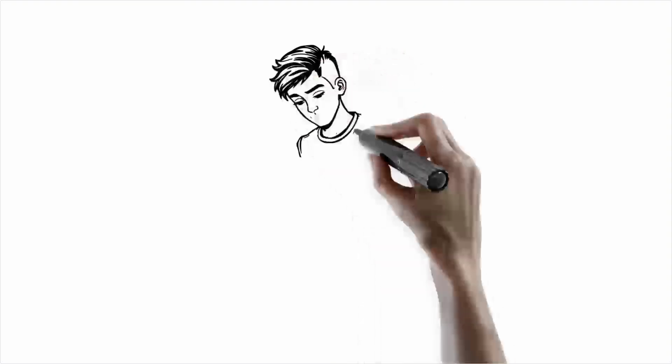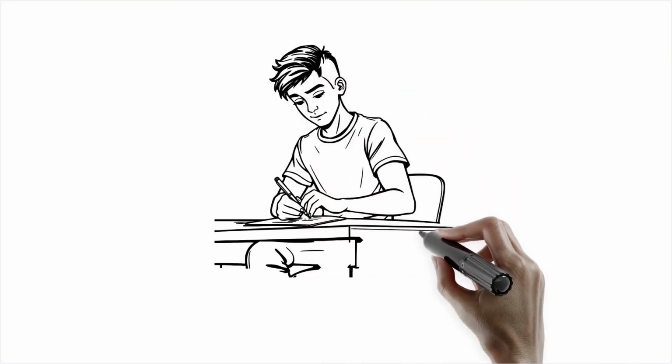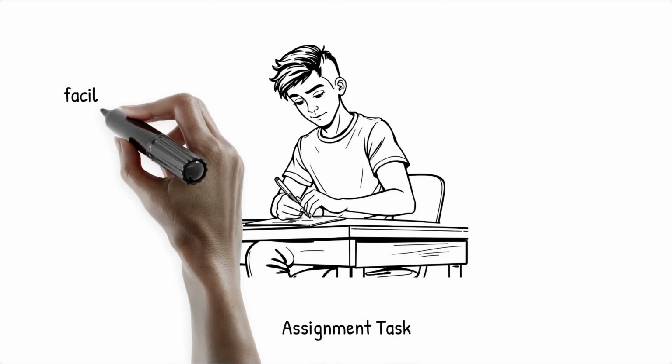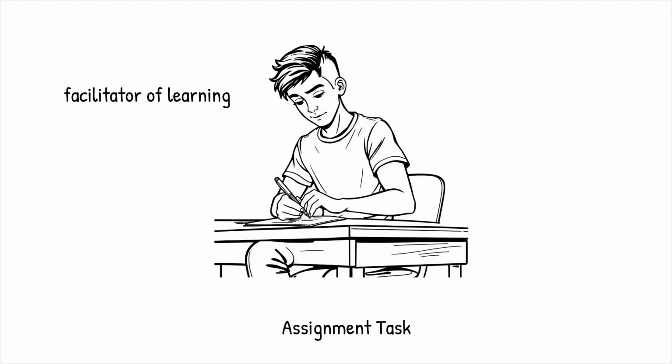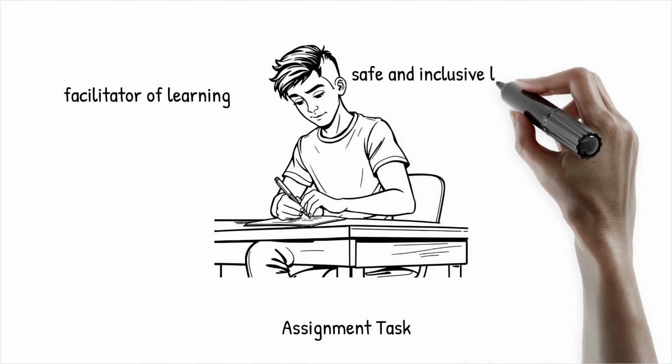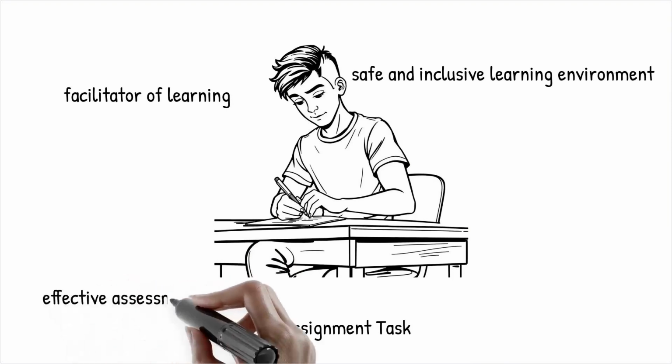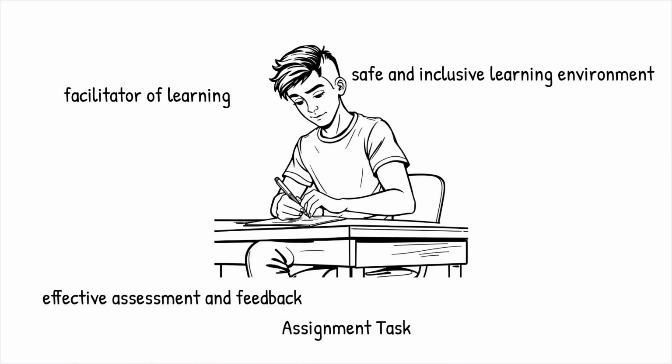Your assignment task is to explain the teaching role and responsibilities in detail, using examples from your current or future teaching practice. You'll also need to identify and explain 4 key roles and responsibilities of a teacher. Make sure to reference Anne Gravel's textbook to meet the expected standard.